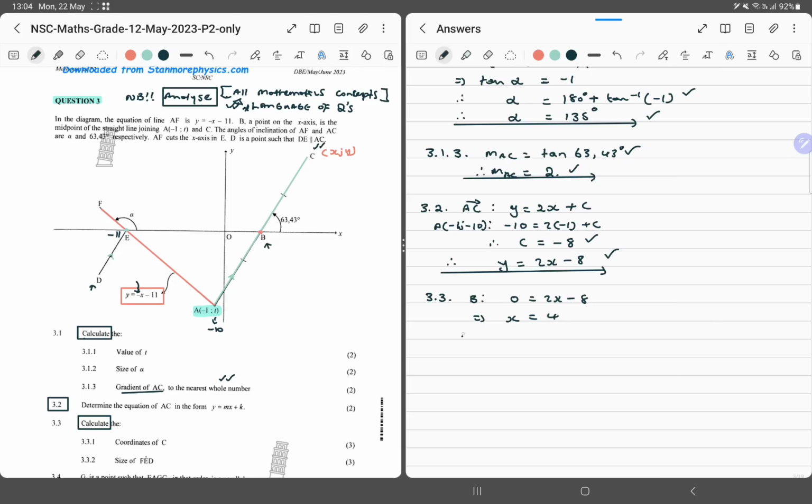Therefore, B is this point 4, 0. Again, why are you saying this thing? It is the x-intercept of AC. You can write that to suggest that that is line AC. Okay? Not a problem. So you needed that because without B, it becomes a situation that no one likes.